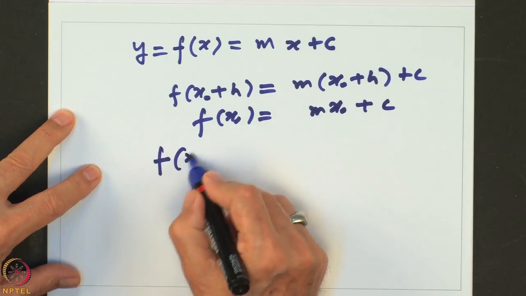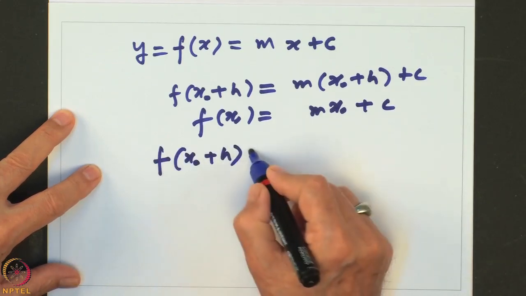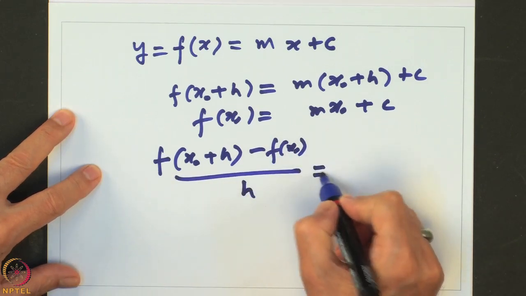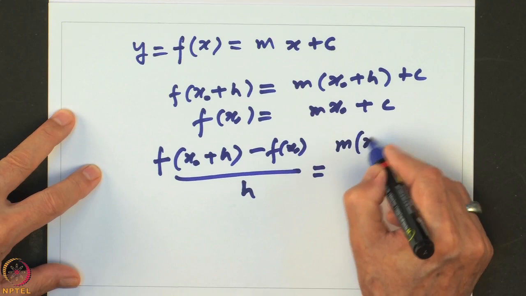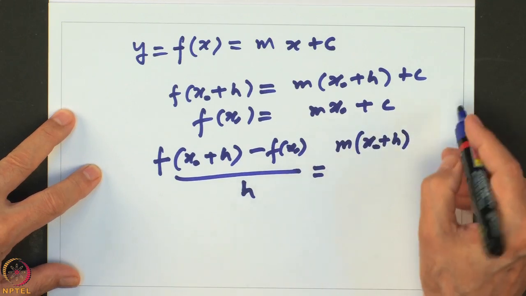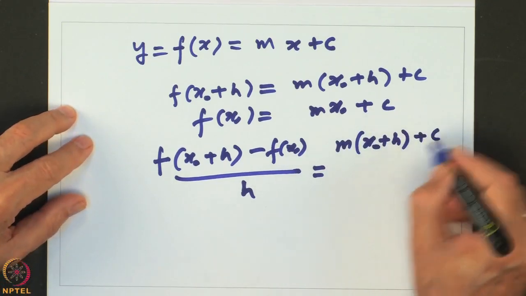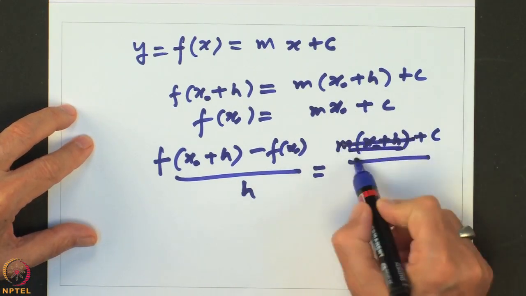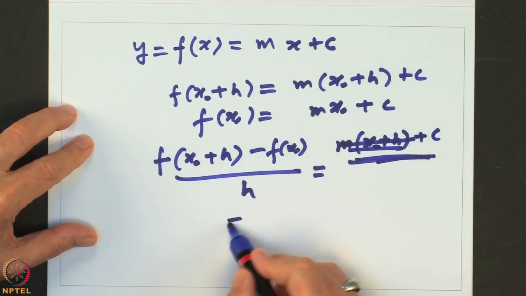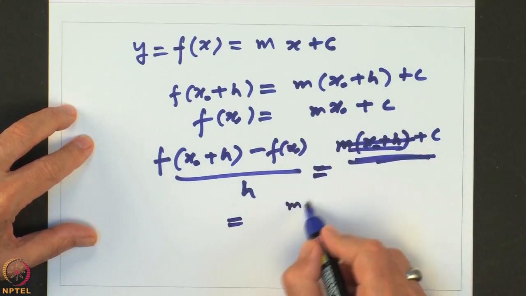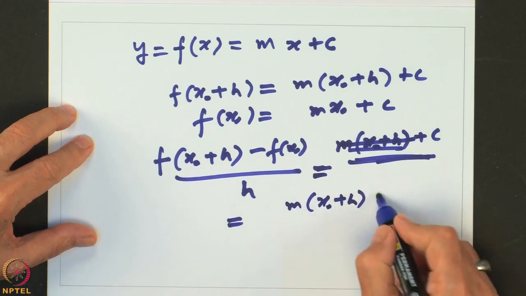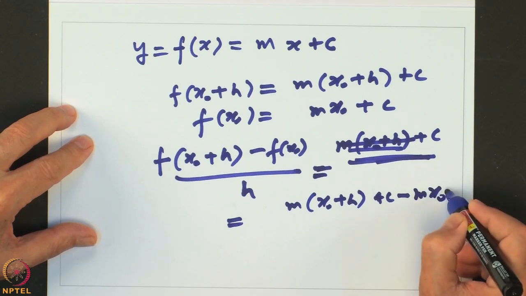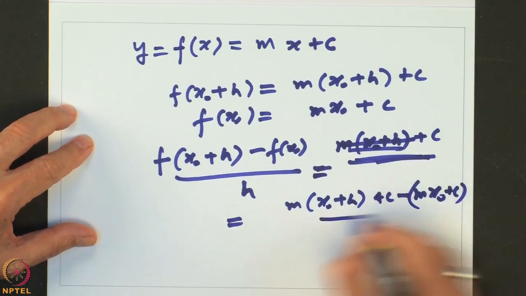So, what is the difference? f of x naught plus h minus f of x naught, divided by h, is equal to m times x naught plus h, plus c, minus m x naught plus c, divided by h.